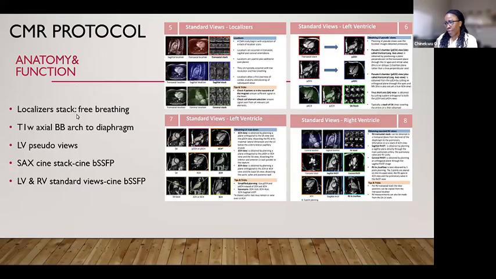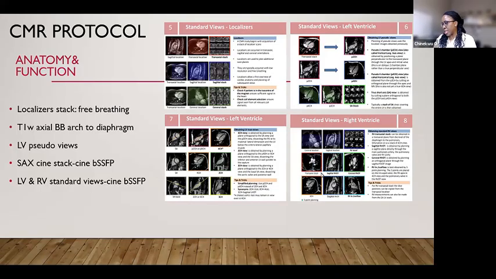So the basics is that we get our HASTE localizers, from which we develop our pseudo views, and then our short axis stack, from which we develop our long axis cine stack. That way, we've achieved our volumes.